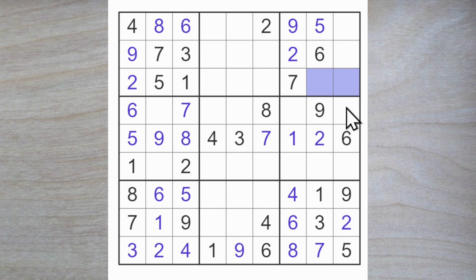And let's look over here. This is a 3, 5. Therefore, this is a 4, 8, and a 7. The 7 blocks up, and the 7 blocks over. Here's a 7. This is now a 4 and an 8. We also have a 4 and an 8 here.